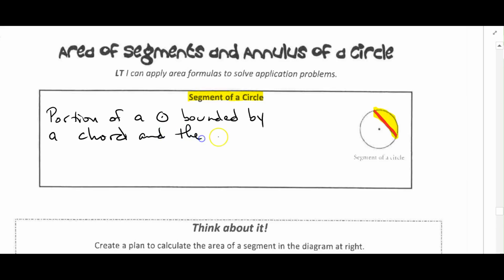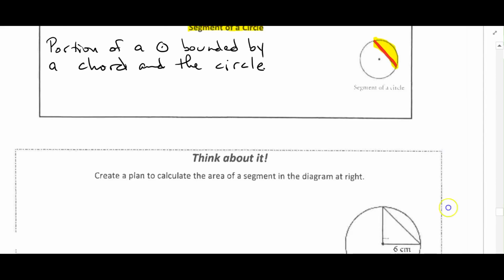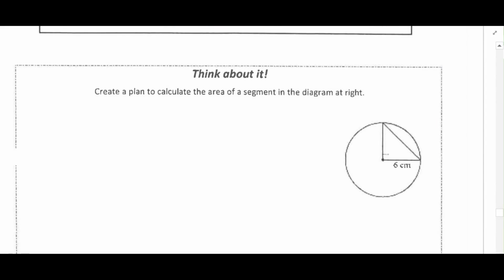And the circle. So you may want to think of this, if before we thought of a sector as a piece of pizza, you may want to think of the segment as maybe the crust. All right, so let's think about how we're going to find this shaded area here.